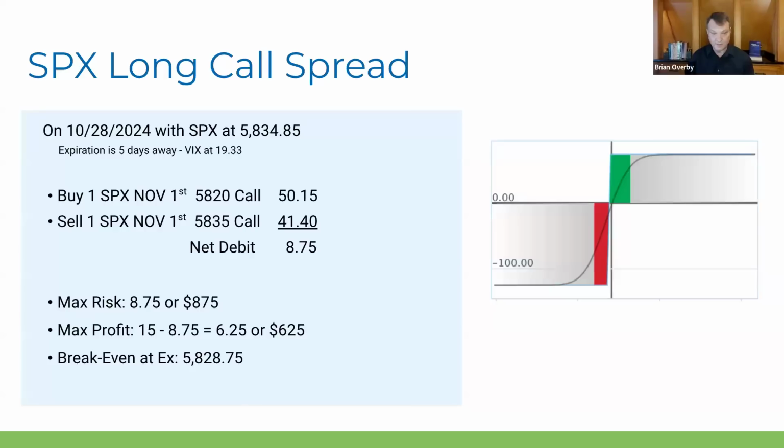Oh, I got the wrong price on the call side of things. 875. No, that's right. What's wrong here? 4140 minus 50.15. 875. And that makes sense that it would be 875 for a 15-point spread.